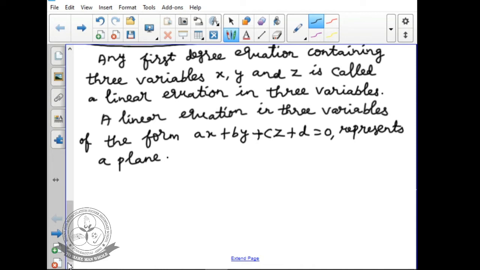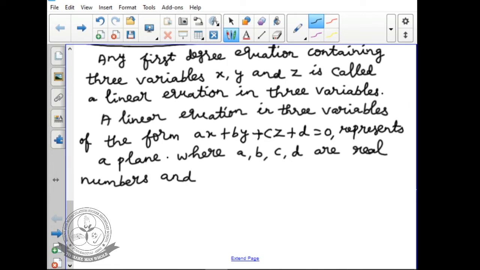So the form ax plus by plus cz plus d equal to 0 represents a plane, where a, b, c, d are real numbers and at least one of a, b, c is non-zero.